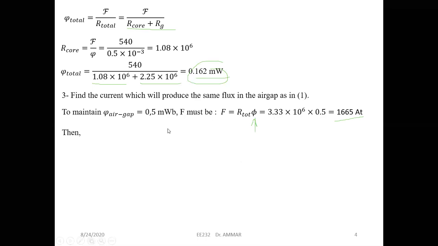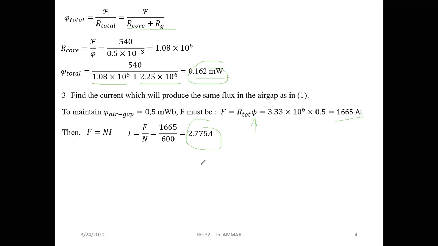The new current required, according to Ampere's law, F equals Ni, so I equals F over N. The new current to achieve 0.5 of the flux is 2.775 amperes. You can see here the effect of adding an air gap in the magnetic circuit: how much the current must be increased to achieve the same flux as in the case without an air gap.